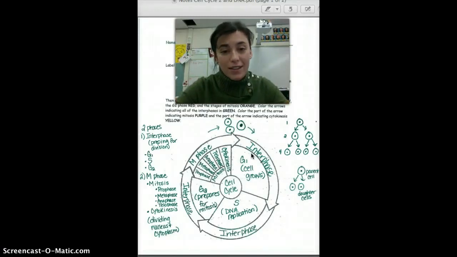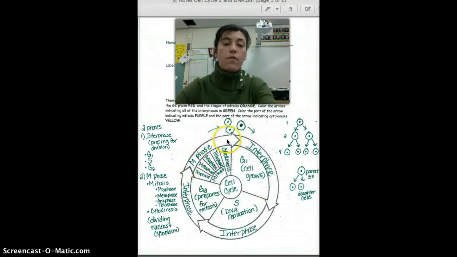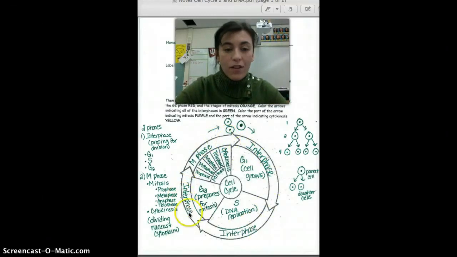The first main stage is called interphase, and looking at the time period shown on this chart, interphase takes up the majority of a cell's life. After interphase, it enters M phase, which is the dividing phase. Interphase is the phase where it's preparing to divide, and M phase is where it's actually dividing.